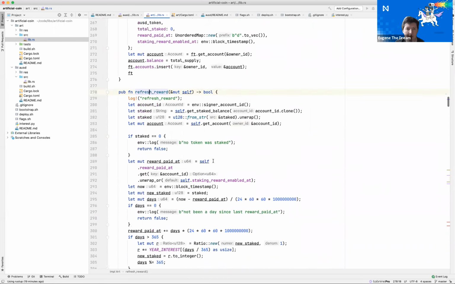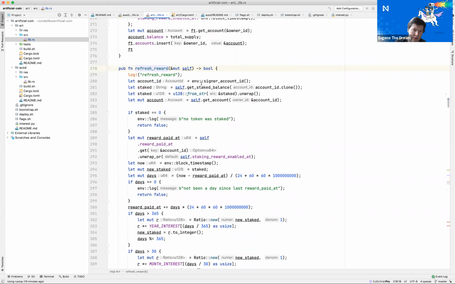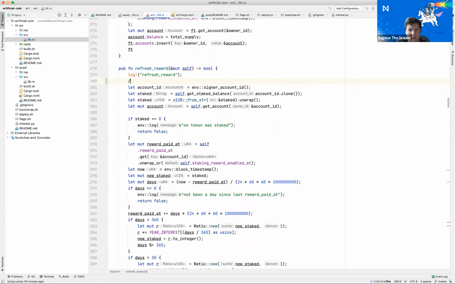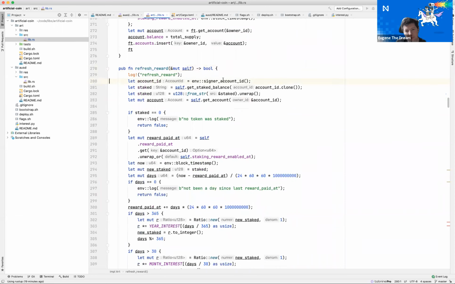Okay. So we get the signer ID. Here we want to use predecessor instead of signer, because signer is not secure.